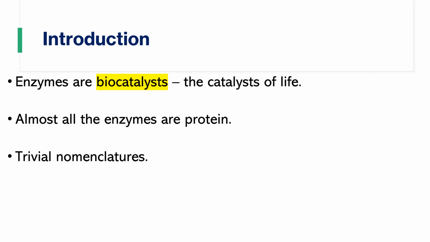Normally, if the name has ASE as a suffix at the end, we consider it an enzyme. And sometimes we took the substrate name and added ASE, like lactose becomes lactase, and similarly maltase. Those were called trivial nomenclature systems.